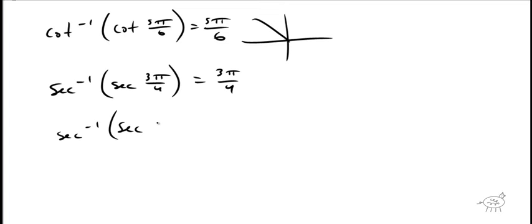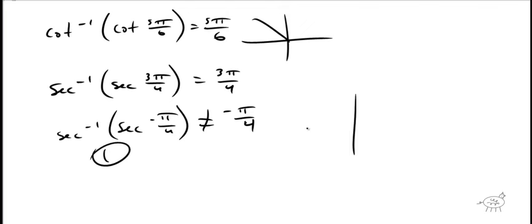Okay, so inverse secant of the secant of negative pi over 4. Is that in range? Nope. It's not in range. So please do not tell me it's negative pi over 4. You've got to do a little bit of work. Okay, first step, the sign. Well, do you guys agree that negative pi over 4 is over here? And its cosine, isn't cosine positive here?